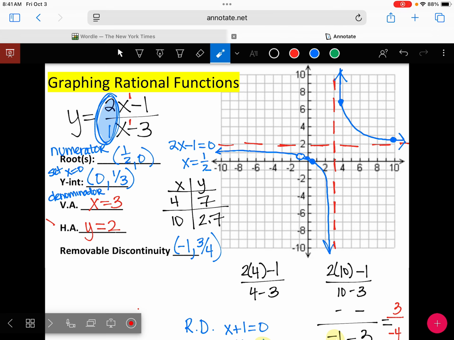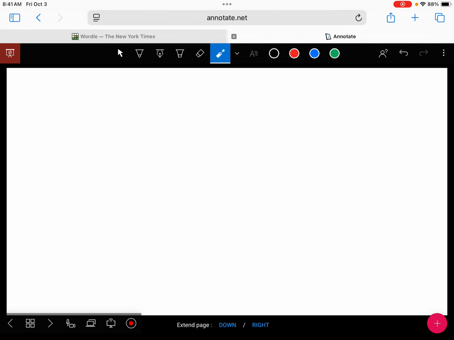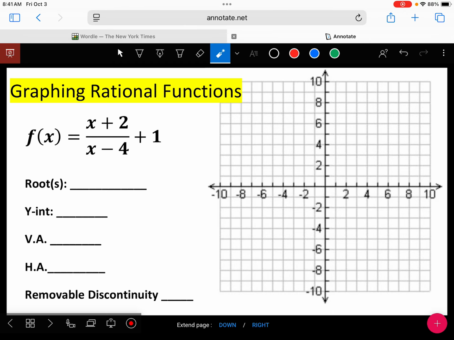All right, last one. We're going to do one that's a special case. Okay, so this is what we call a special case, and the reason why it's special is because of this +1.